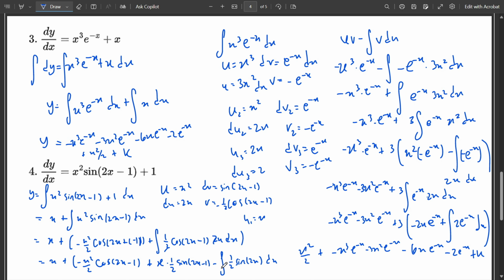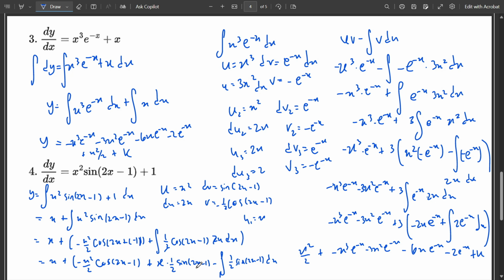So we just have this one. Sorry, this is minus 1. Sine of 2x minus 1. And the integral of sine of 2x minus 1 is just negative cosine. So we have plus the integral, plus cosine.